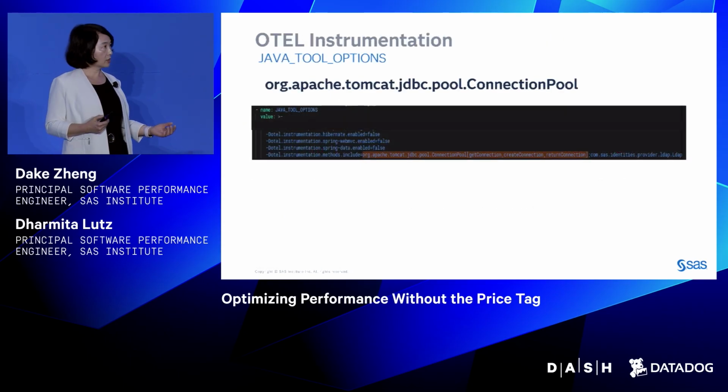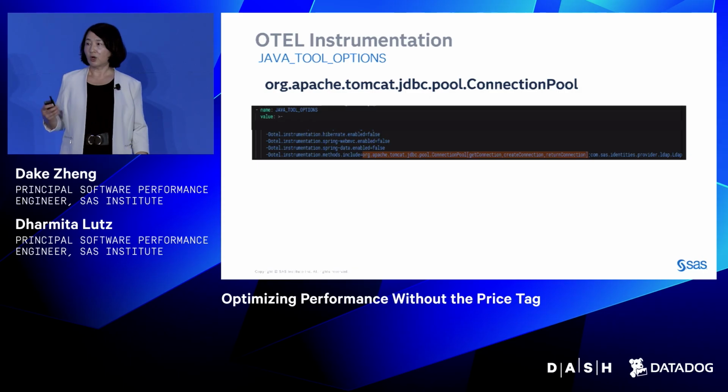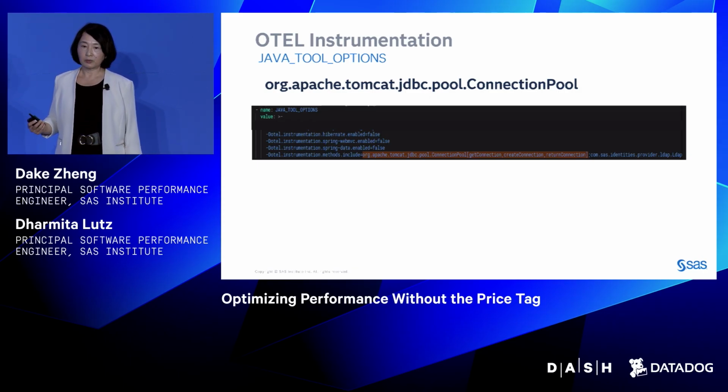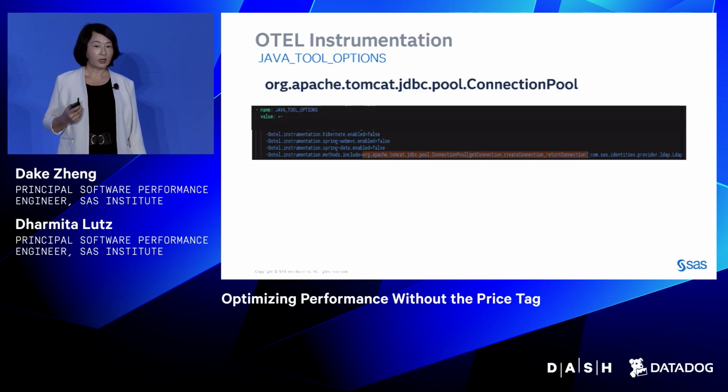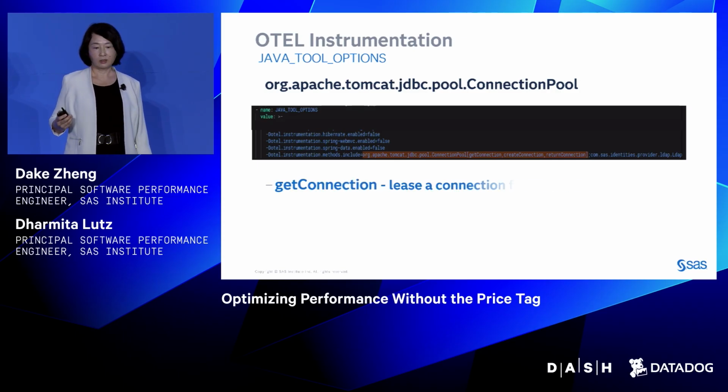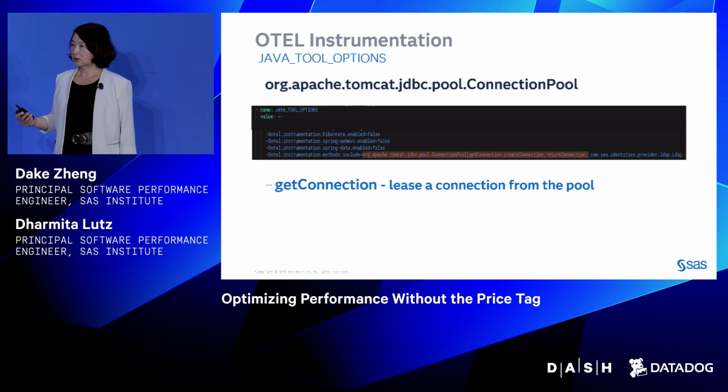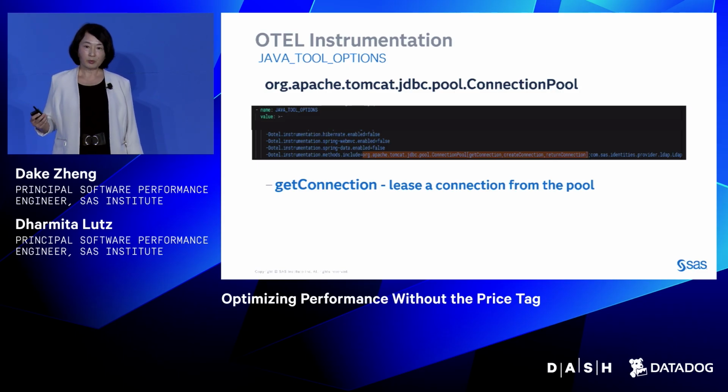To visualize the connection pool usage, we instrumented OTel in Java pool options of our Kubernetes deployment for get, create, and return connections. Get connection is called to lease a connection from the pool.